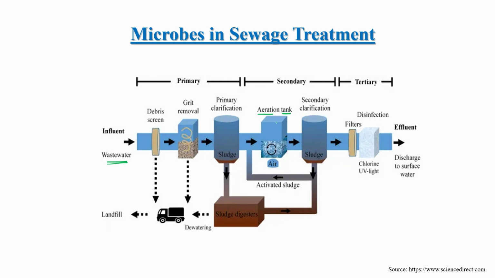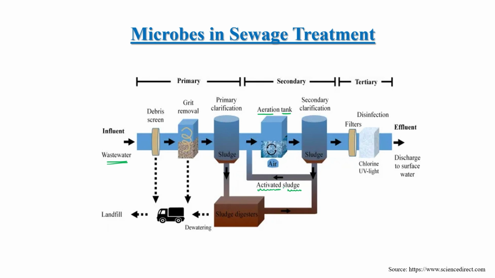After aeration, after the main work has been done, this effluent passes from the aeration tank to the secondary clarification tank, where some amount of sludge settles down. A small amount of sludge is processed again towards the aeration tank as an inoculum, and this time we can use the term activated sludge for it, which acts as an inoculum for the bacteria and fungus.